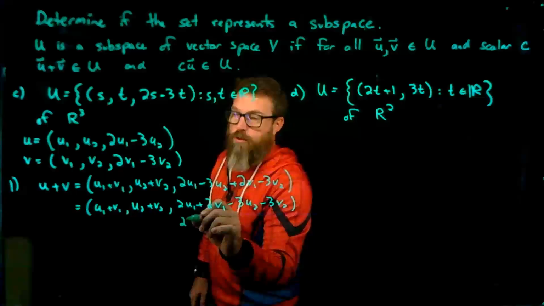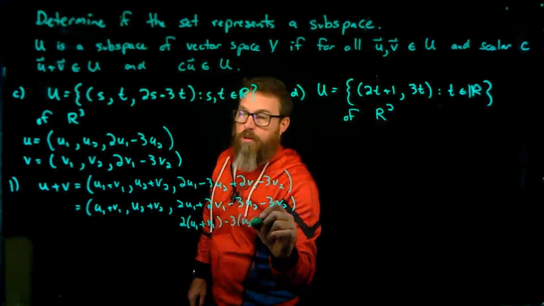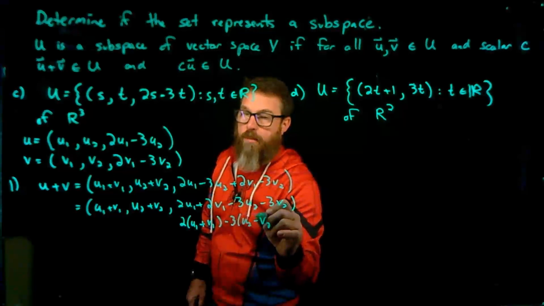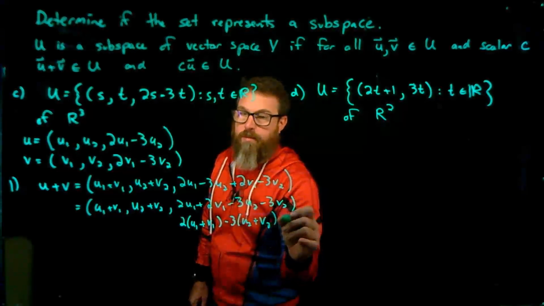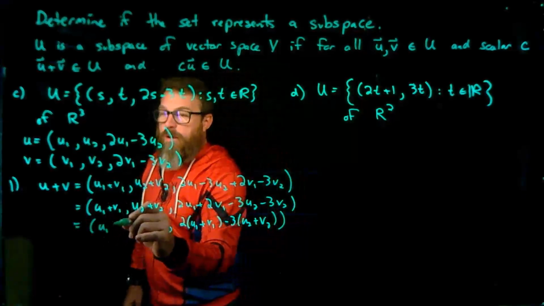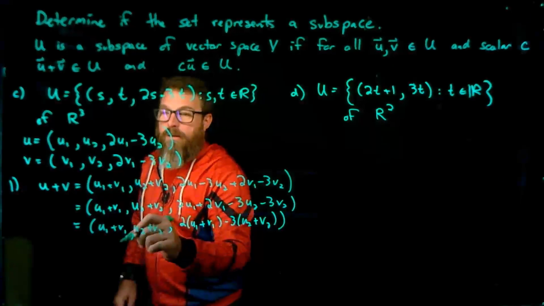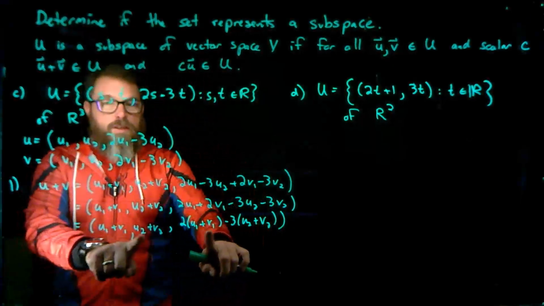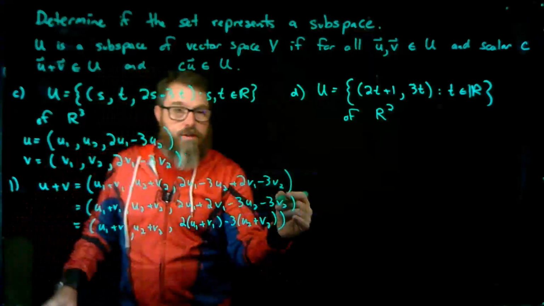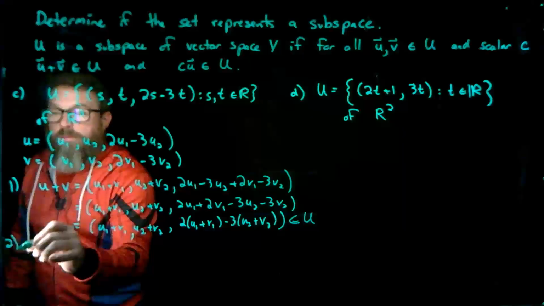So what we'll have is 2 times U1 plus V1, minus 3 times U2 plus V2. Sorry, plus a V2. And then we can verify that we indeed have 2 of these minus 3 of these. So this is an element of U. Now we also have to check for scalar multiplication.